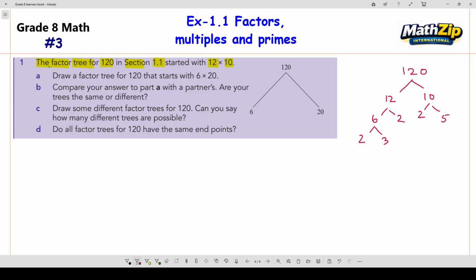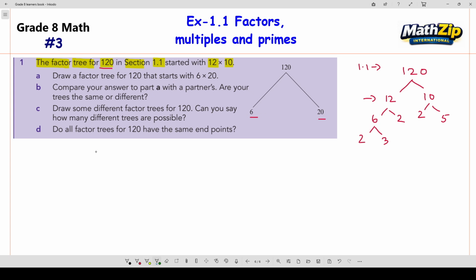Okay, so the factor tree for 120 in section 1.1 started with 12 times 10. Now draw a factor tree for 120 that starts with 6 times 20, like this one. So first we have to finish this one.